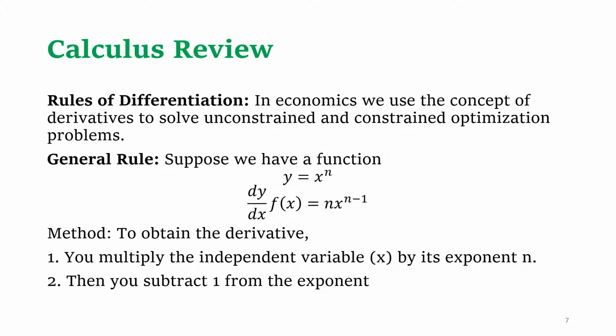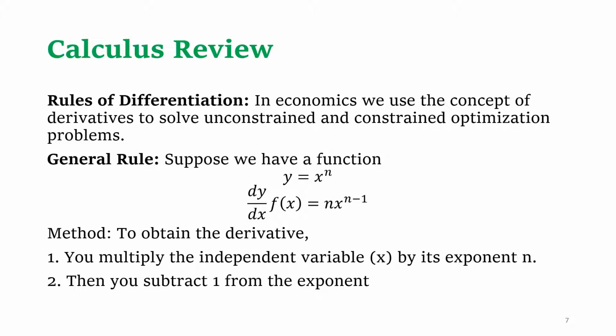Try to know the general rule of differentiation here. That if I have y equals x to the n, and I want to find the derivative of that with respect to x, all I need to do is to multiply my independent variable. Remember, y equals x to the power n. Y is dependent, and x is independent, right?